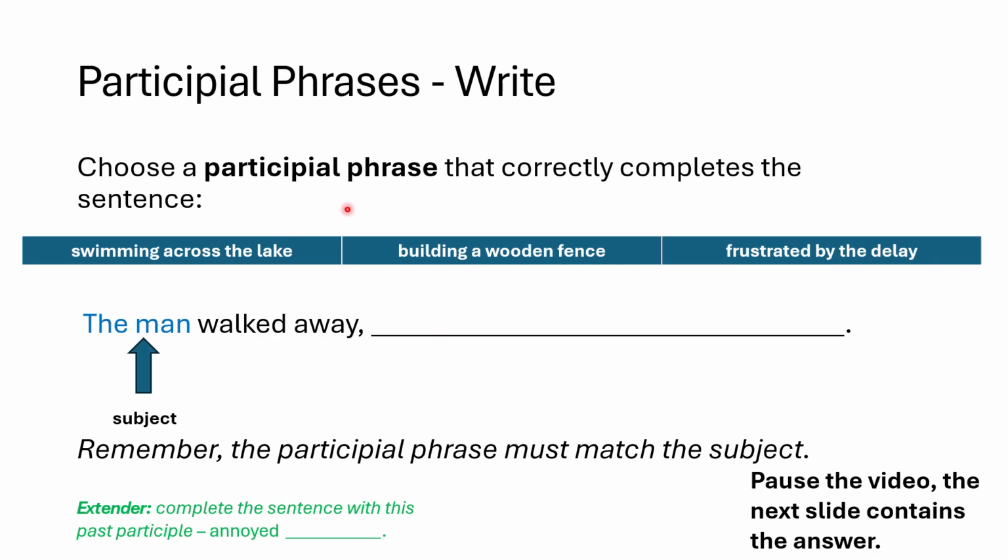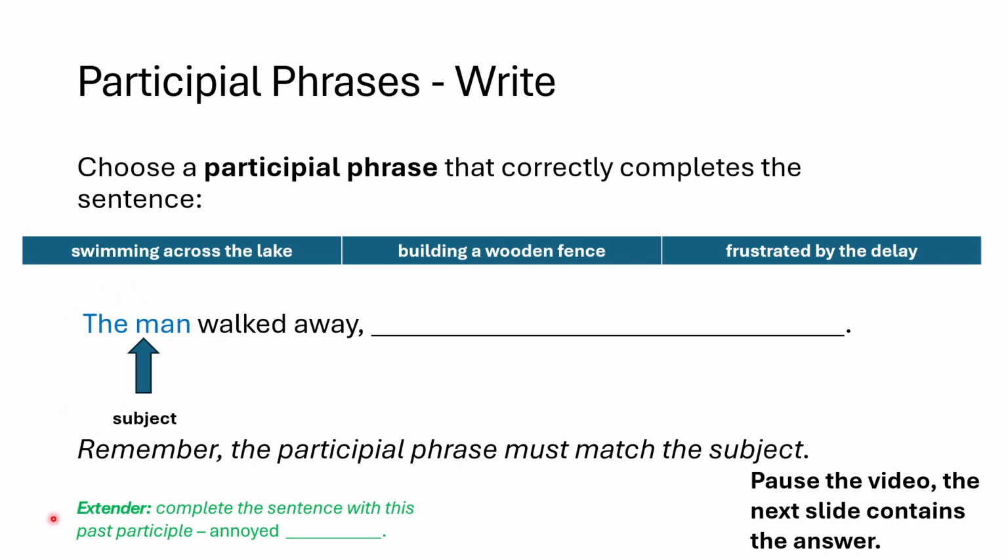Choose a participial phrase that correctly completes the sentence. The man walked away, swimming across the lake, building a wooden fence, frustrated by the delay. Remember, the participial phrase must match the subject.